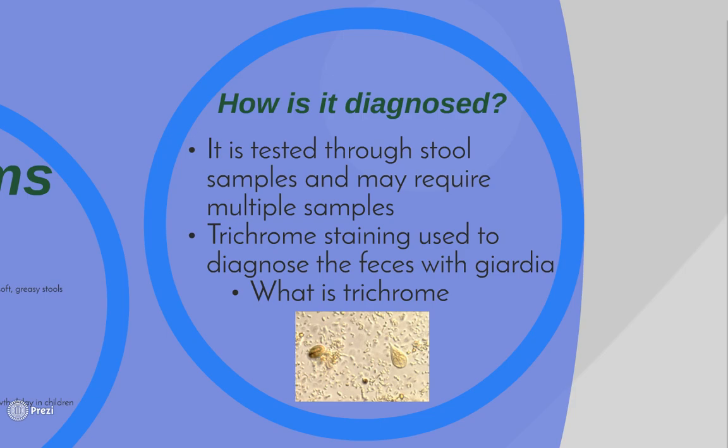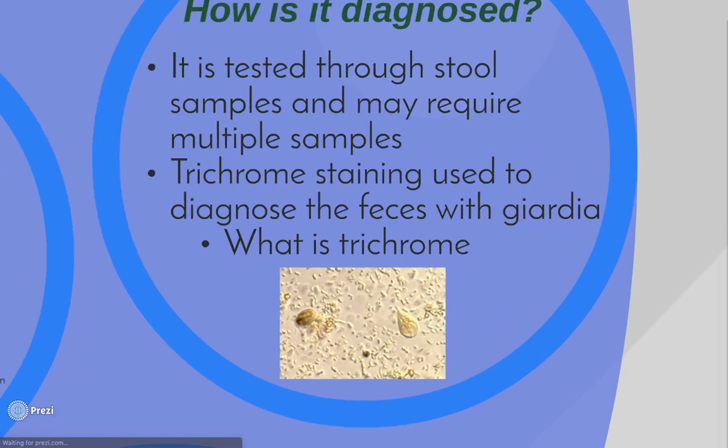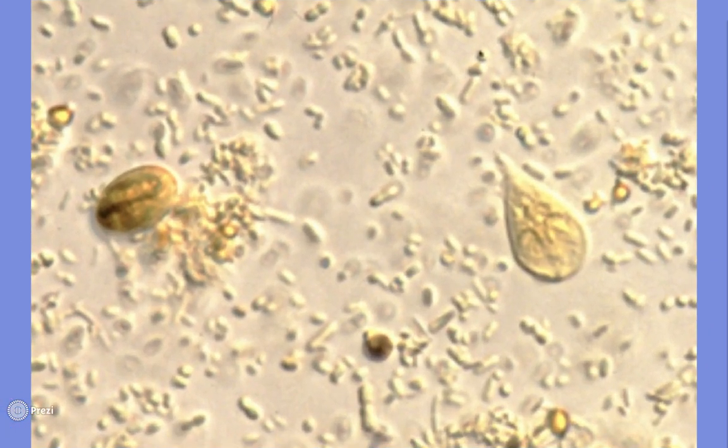One of the main ways of doing it is getting a trichrome staining, which diagnoses feces with Giardia. Down here you can see a more in-depth view of a slide of a trichrome sample of Giardia, and you can see the presentation here and here.